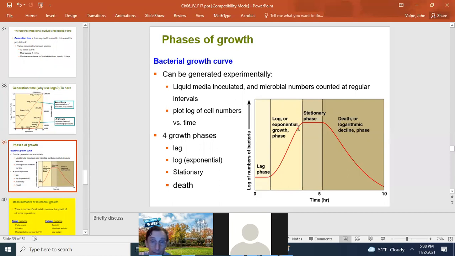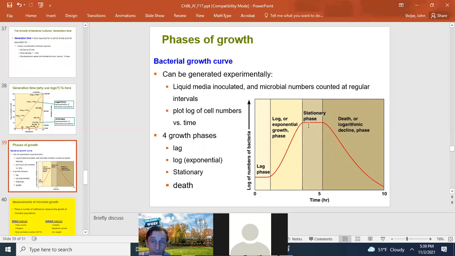Eventually, the growth will slow to the point where the population numbers do not increase. They don't decrease either. And we call that the stationary phase of the population. In the stationary phase, the number of new cells equals the number of dying cells.